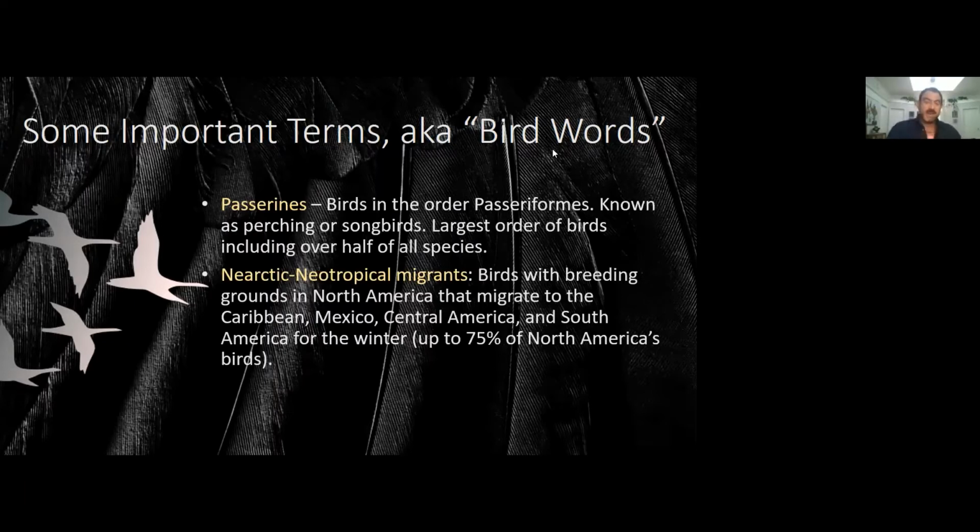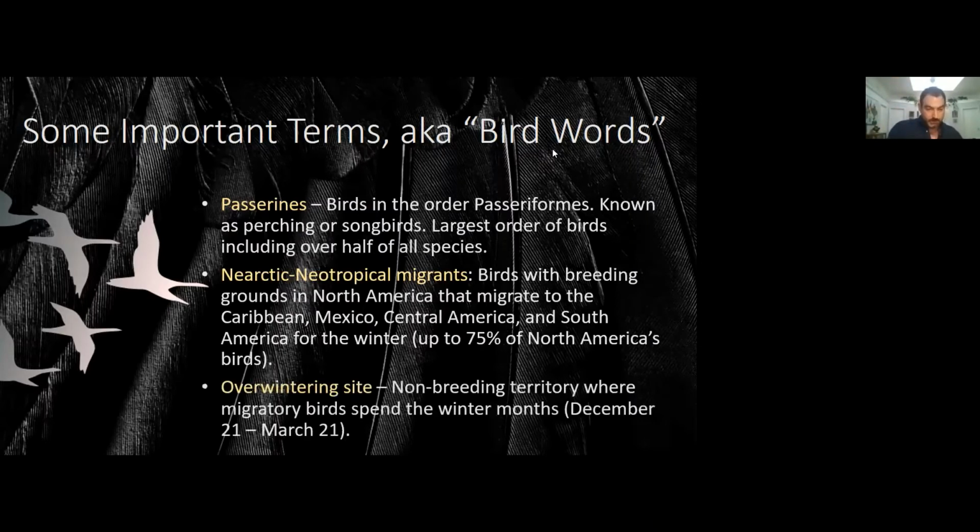I'm getting real technical here because there are migratory birds that only migrate within the Nearctic region, and there are migratory birds that only migrate within the neotropical region. So we just want to use the term Nearctic neotropical migrant when we're specifically referring to those birds that are going back and forth between the Nearctic region and the neotropical region.